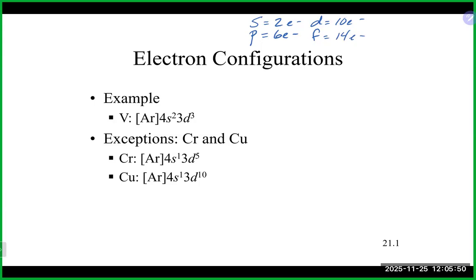It's not until the second energy level that you start to see p orbitals available, not until the third energy level that you see d's, not until the fourth energy level that you see f's.